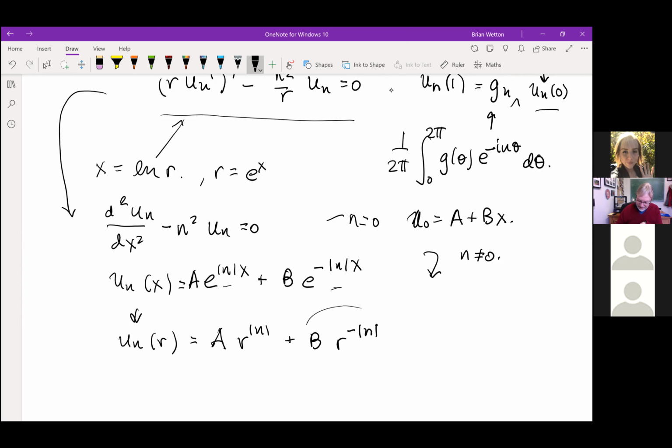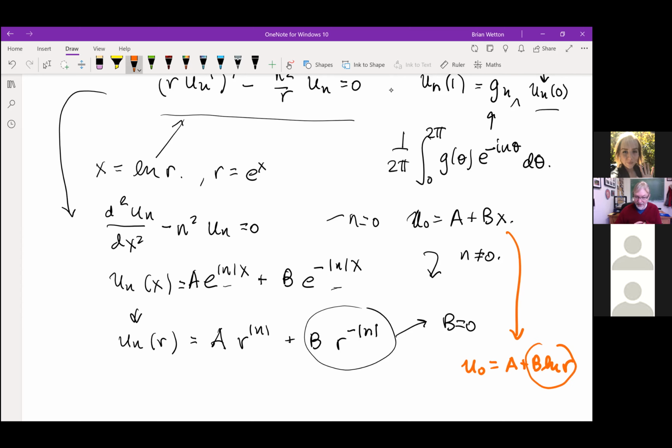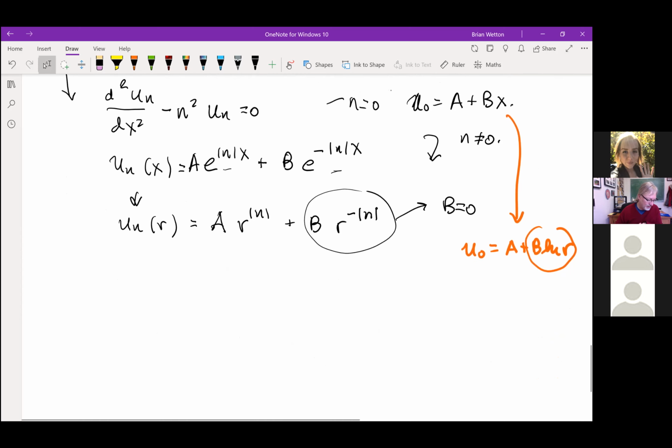And so here is where we can see, as r goes to 0, that one is unbounded. So I get to say that b is 0. And if I look at this special case, this one goes to u0 is a plus b log r, right? And as r goes to 0, that's one I can cross out. So I'm going to have the a coefficients in the series left that I'll be able to match the initial conditions to. So I'll have b equals 0, and a will be g n in both of these cases.